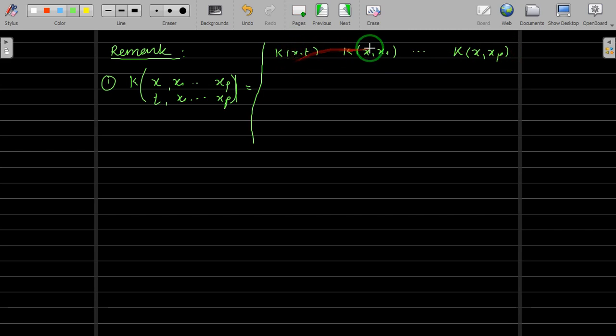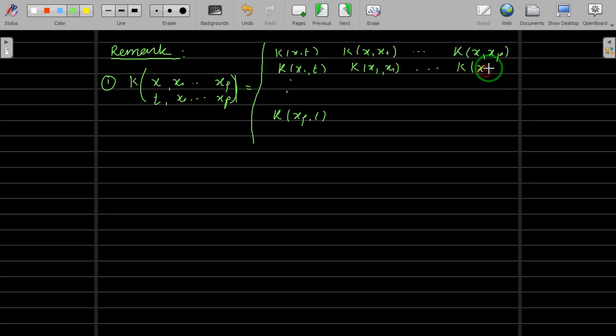So there are total 1, 2, 3 up to p, that means you will have p plus 1 columns. For the next row you fix this t as it is and vary this x to x1, so K(x1, t), up to K(xp, t). So again there are p plus 1 rows.